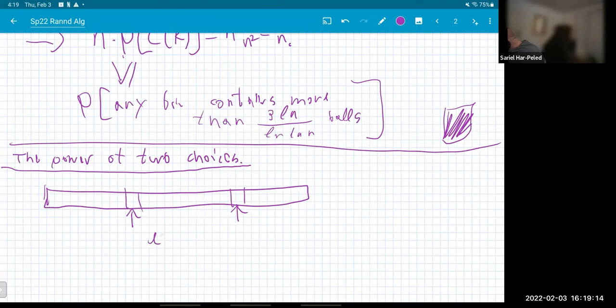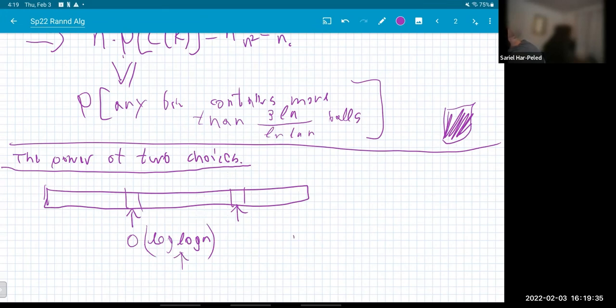So it's not fun, but it's a nice process, nevertheless. One can prove that the maximum load drops from log n over log log n to log log n, right? This is a dramatic improvement, right?